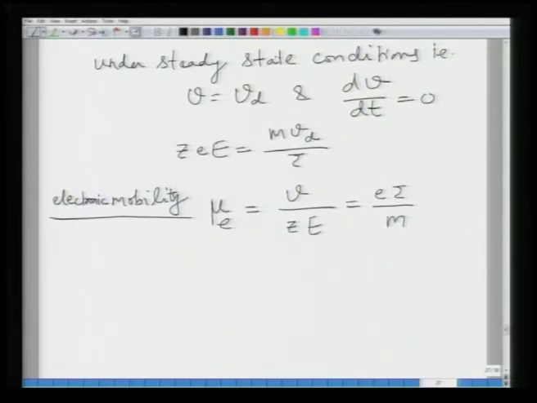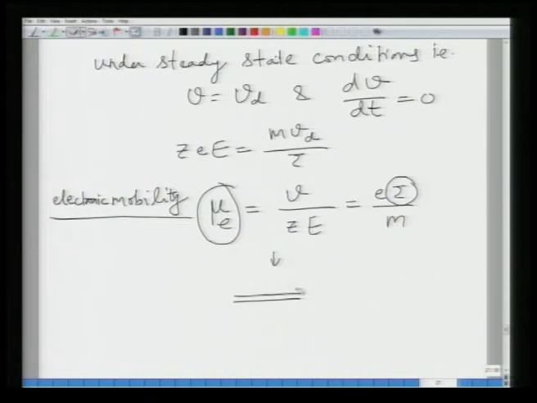So, what it basically tells you is that the higher tau is, the higher mu_e is, because we know that conductivity is equal to n e V_d, and this V is proportional to mu, right?